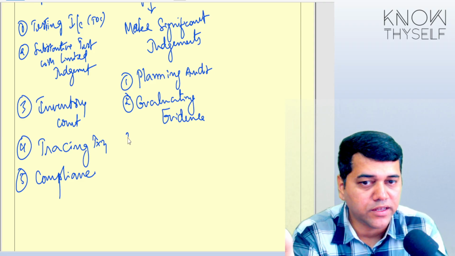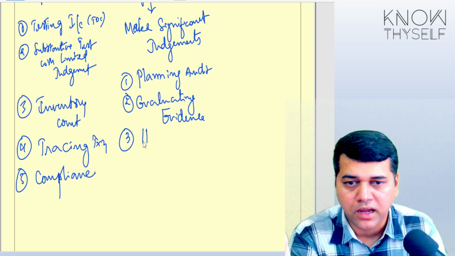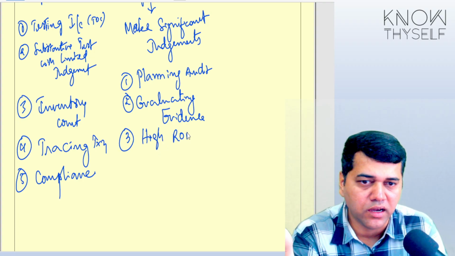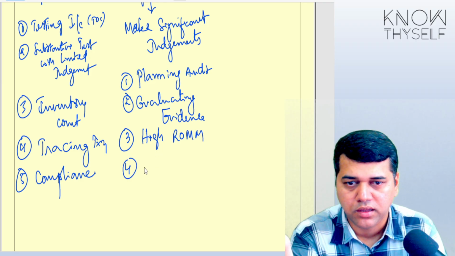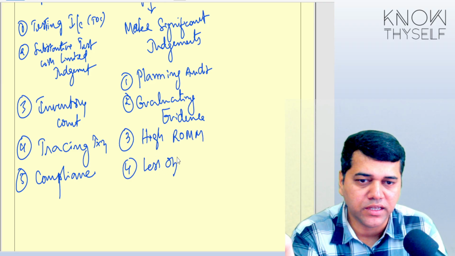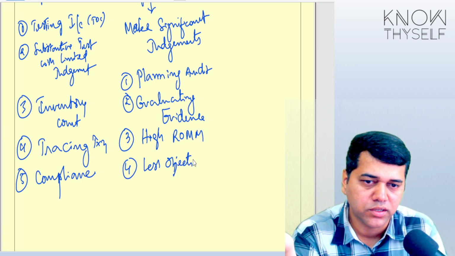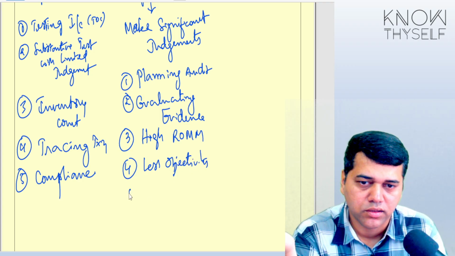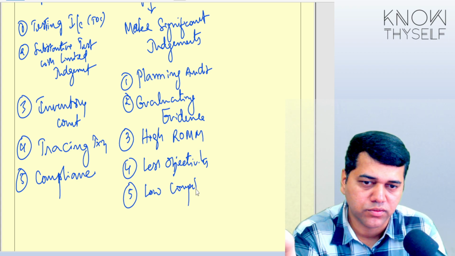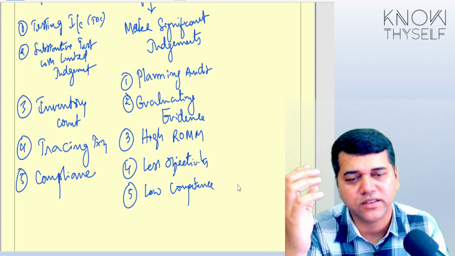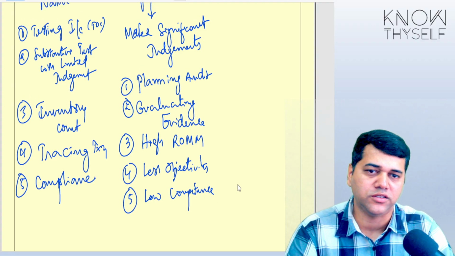In evaluating the evidence, significant judgments are there. High ROMM area, significant judgments are there. Less objectivity, you should not use. Low competence, you should not use. So in such cases, you only have to make the decision.